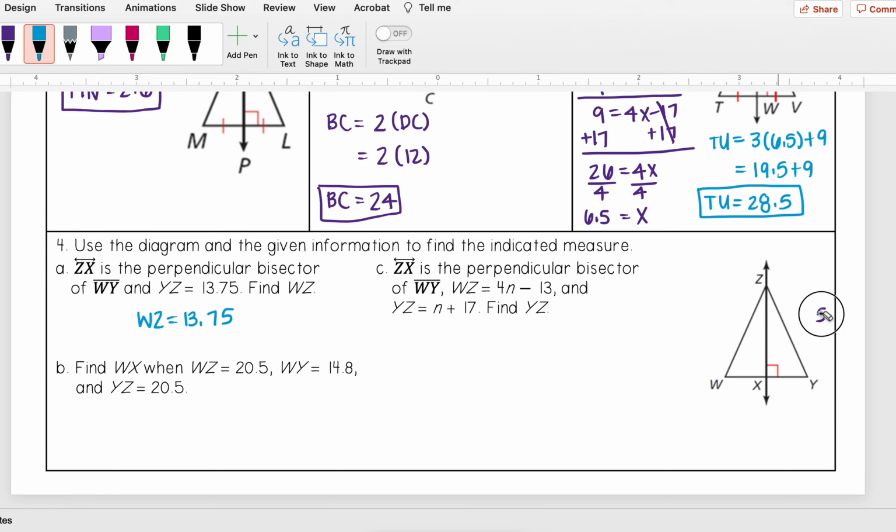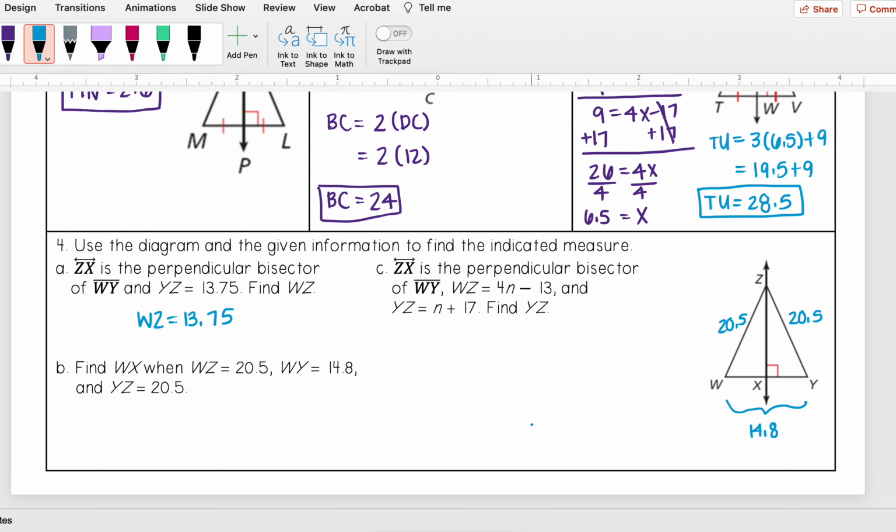Okay, now let's look at this next one. Now it says find WX when WZ is equal to 20.5, WY is equal to 14.8, and YZ is also equal to 20.5.